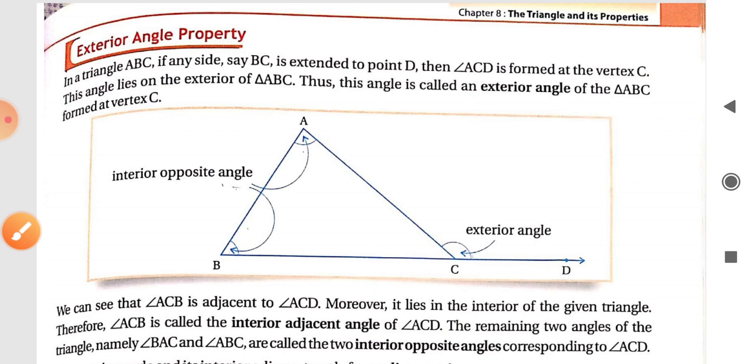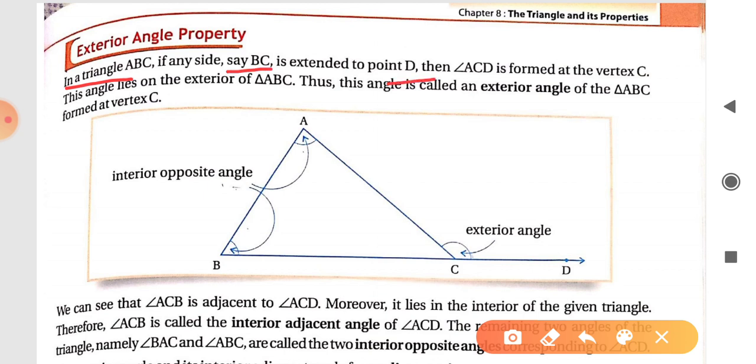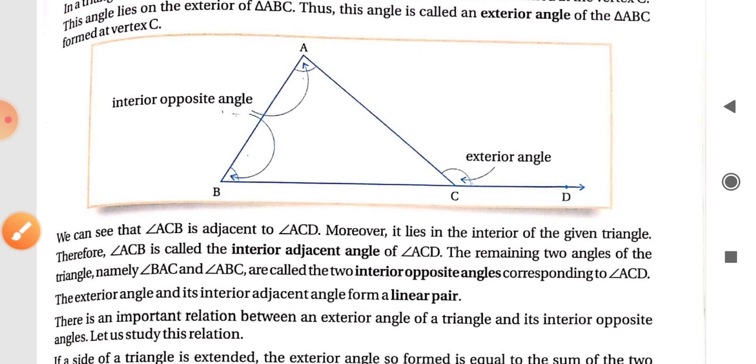So in a triangle ABC, if any side say BC is extended to point D, then angle ACD is formed at vertex C, and this angle lies in the exterior region. So this is known as exterior angle of triangle ABC at vertex C, and we can see that angle ACB is adjacent to angle ACD.